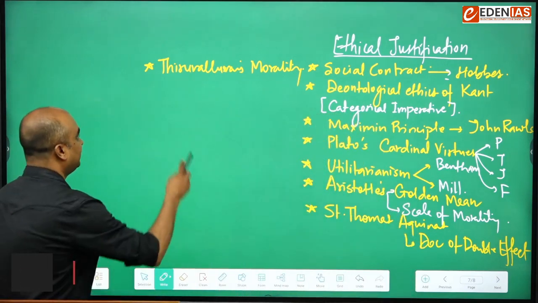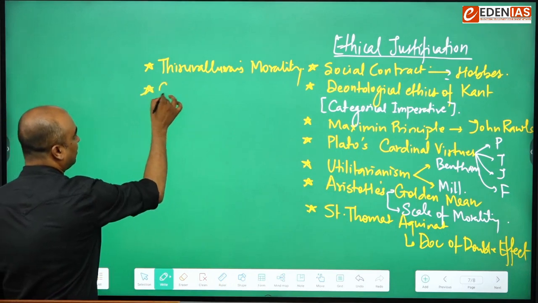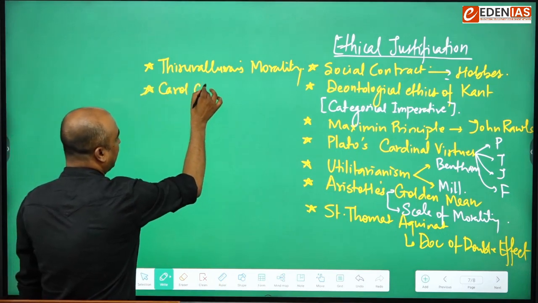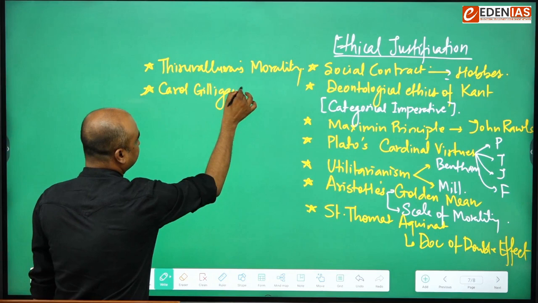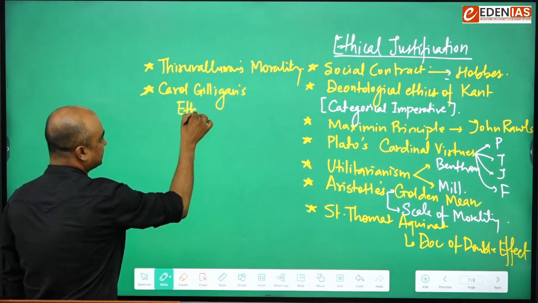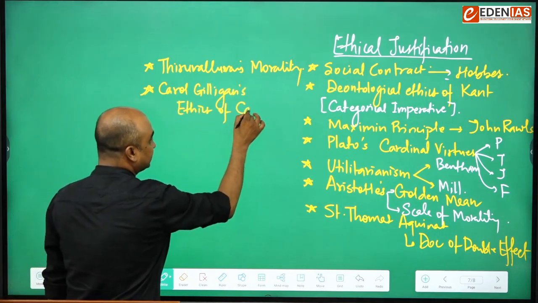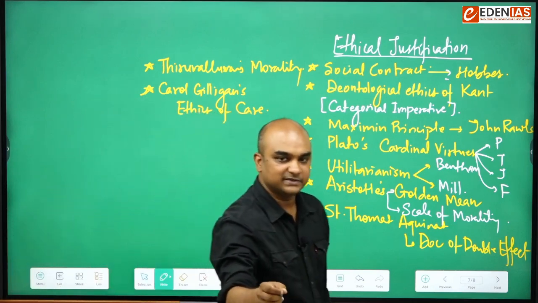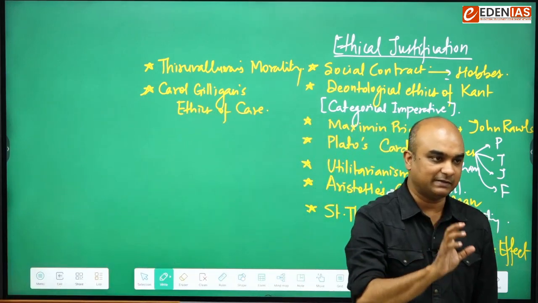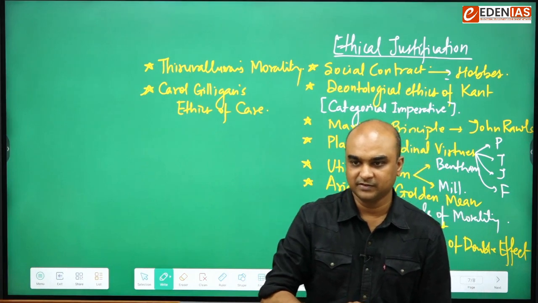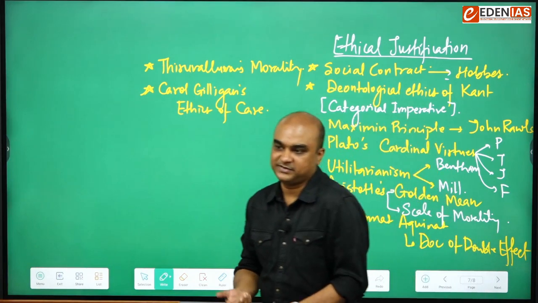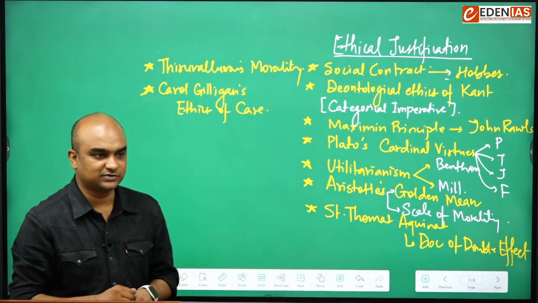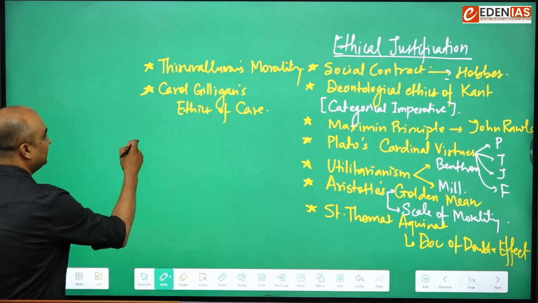Okay. Then think of Carol Gilligan's ethics of care. Are you showing sufficient care to the weak and vulnerable sections of the society? Like say for example, think about the farmers when you are opting for that move. Do you get it?